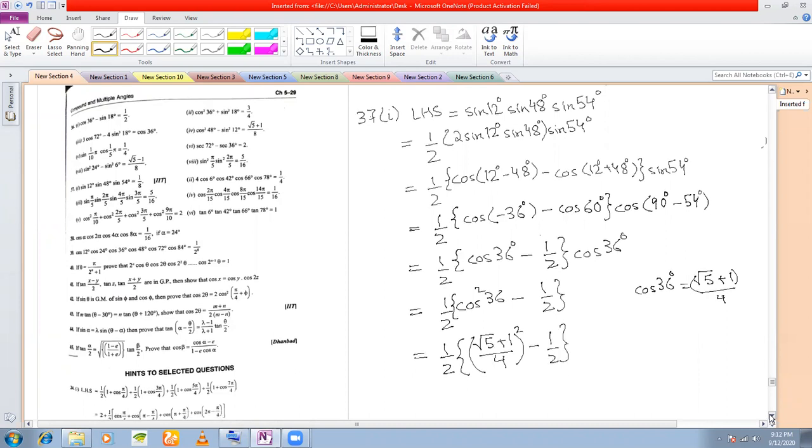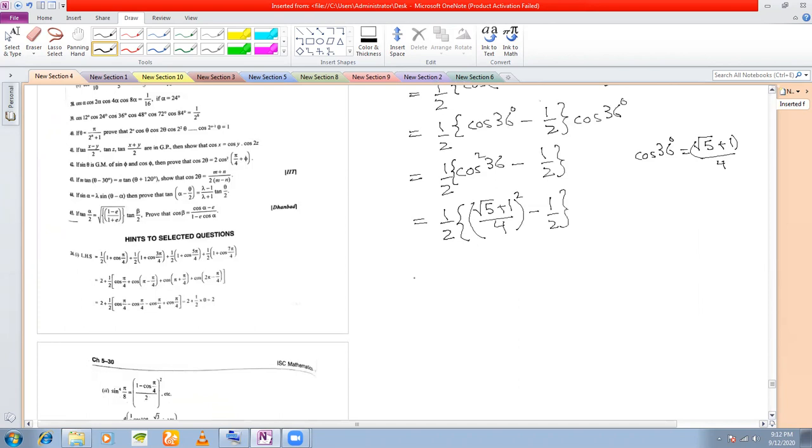Now we shall only simplify this. So this is half of a plus b whole square: a square, root 5 square is 5, 5 plus 1 plus 2ab, which is 2 root 5, divided by 16, minus half.